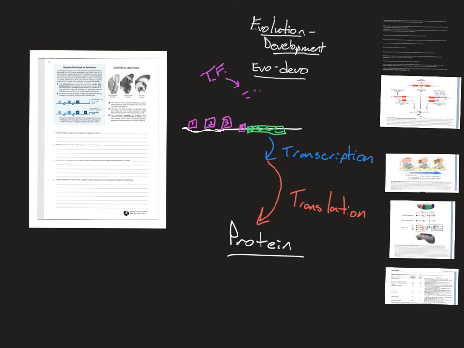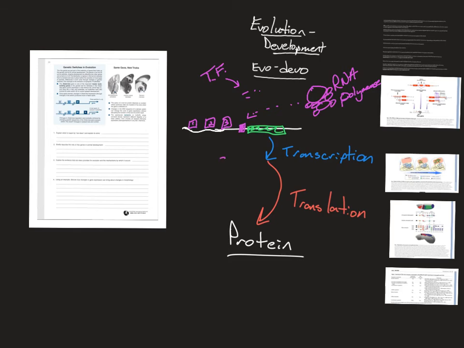They stop or help RNA polymerase, an enzyme complex, to bind at the promoter region. So these transcription factors, these switches, help that protein make what it has to make.